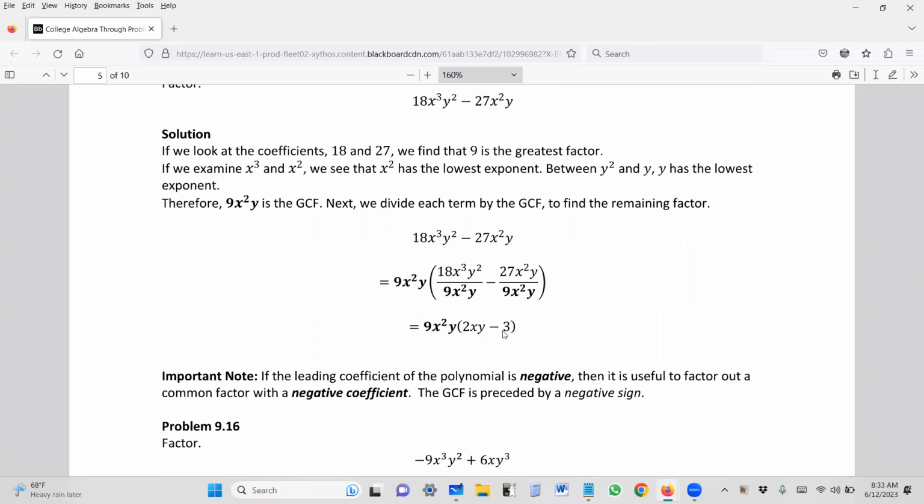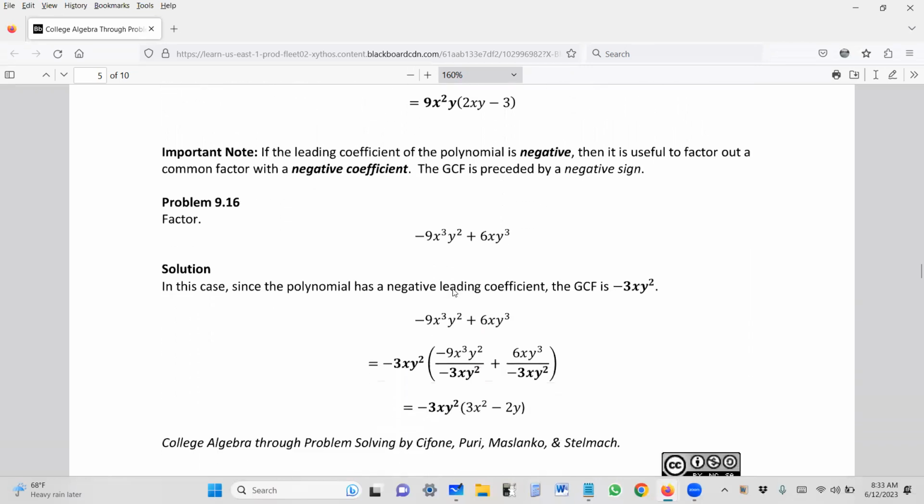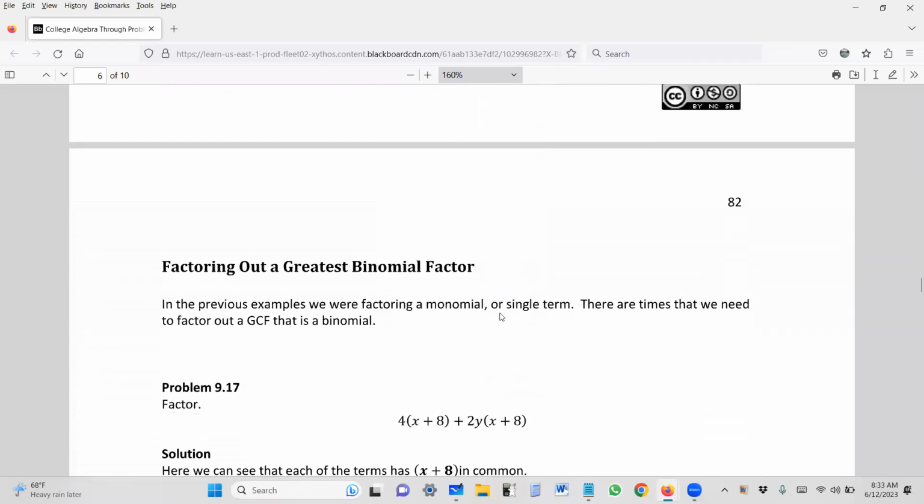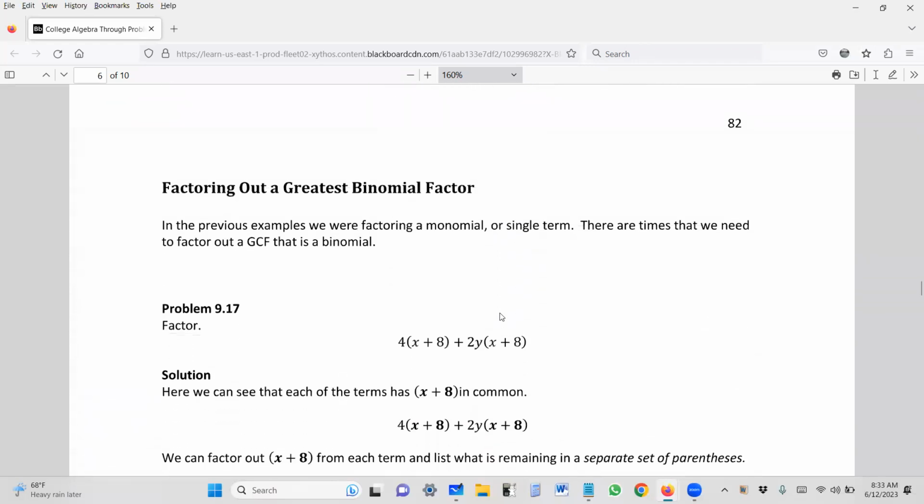All right, so this is in essence what it is to factor the greatest common factor. If there is a minus in front of the number of the first term, we'll factor the minus out as well. And we'll see that when I do a problem later on.